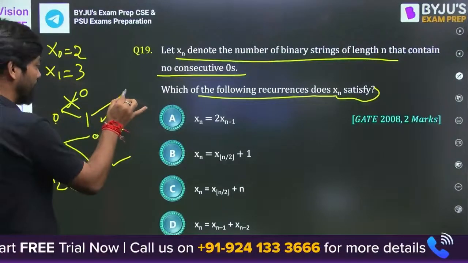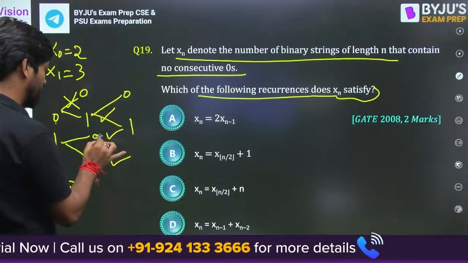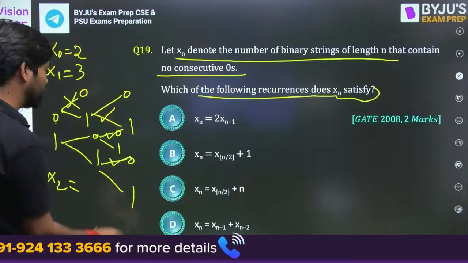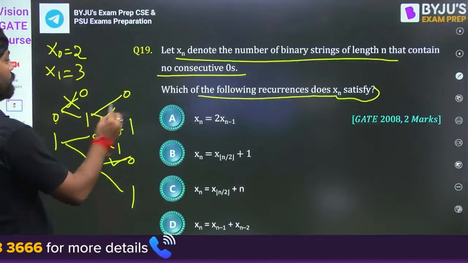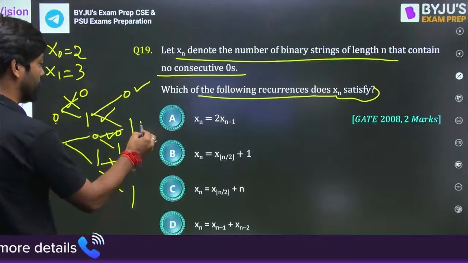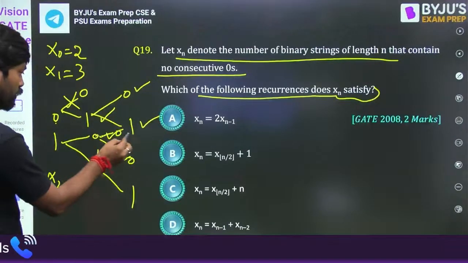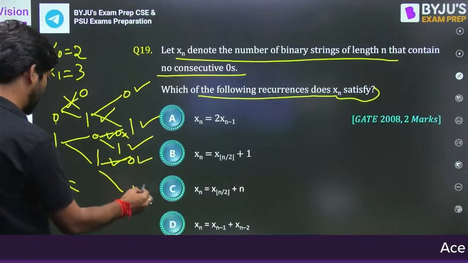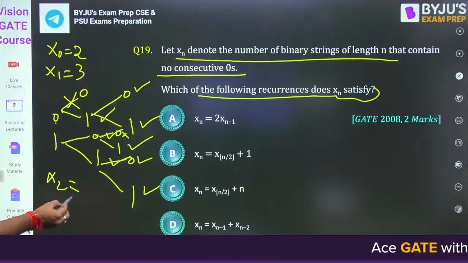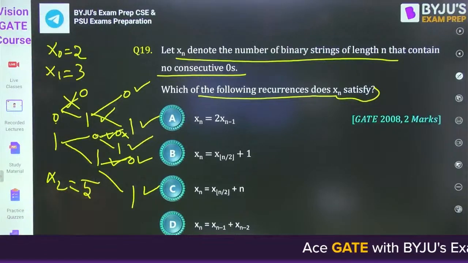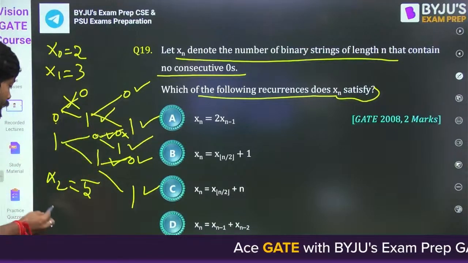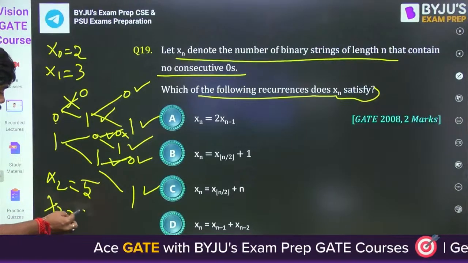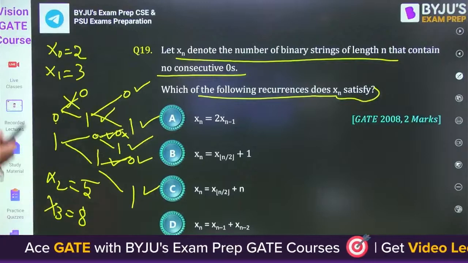So counting them, we get 1, 2, 3, 4 and 5. So x2 will be 5. x3 will be 8.